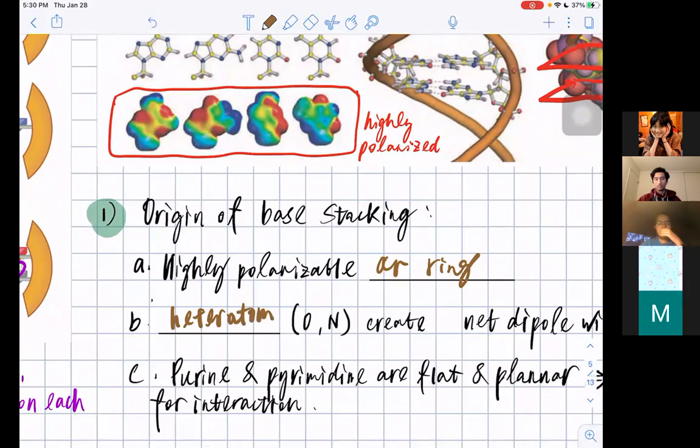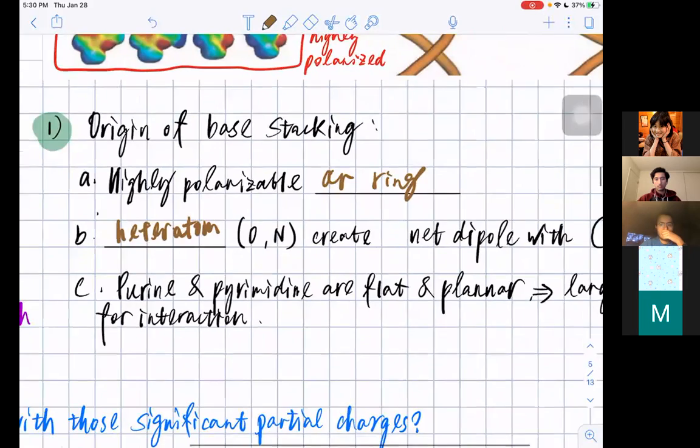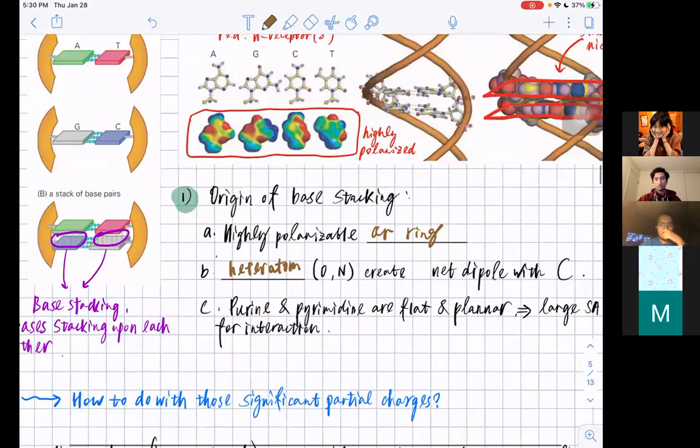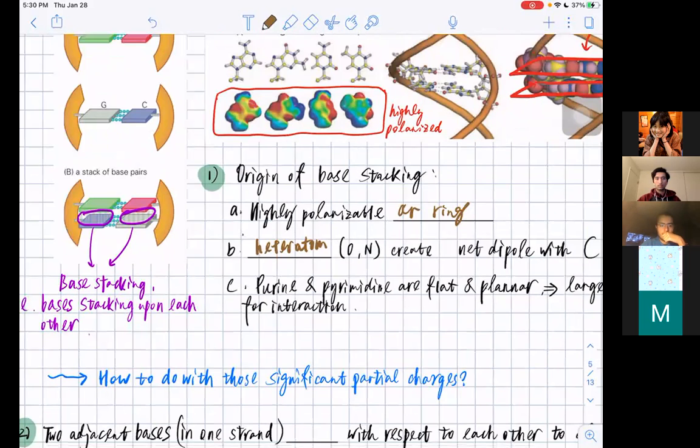They create a large dipole moment with carbon, and because of this, we have significant electric polarization in each base. Base stacking is the solution DNA offers to mediate that electric polarization.